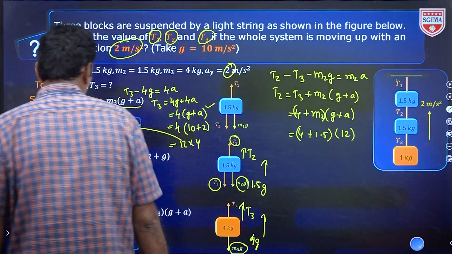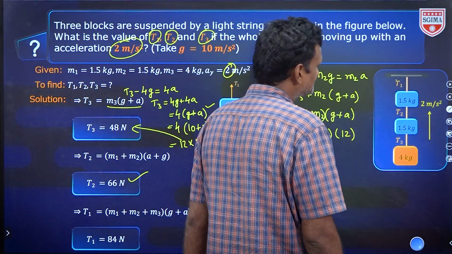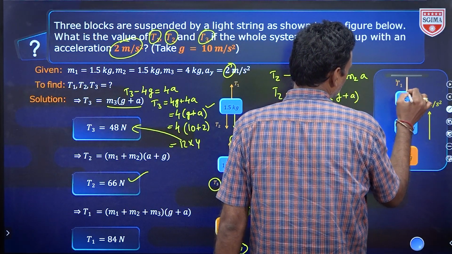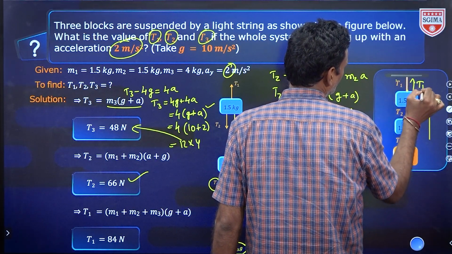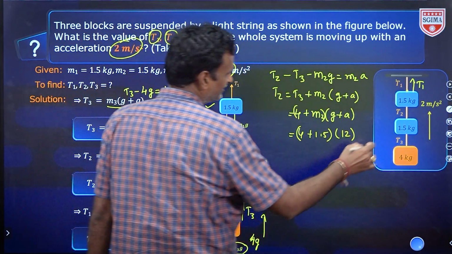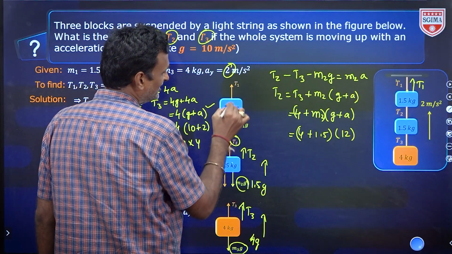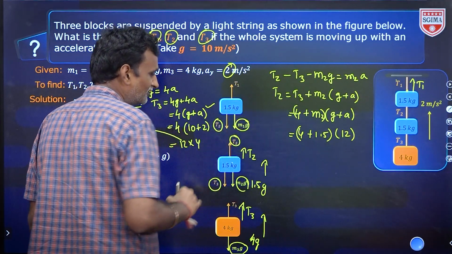That is what we got. Next, last one, what is T1 they are asking. So T1 is the upward string tension, and the downward force is what is connected here, the T2 string. So we have T2 downward and its weight force M1G downward.